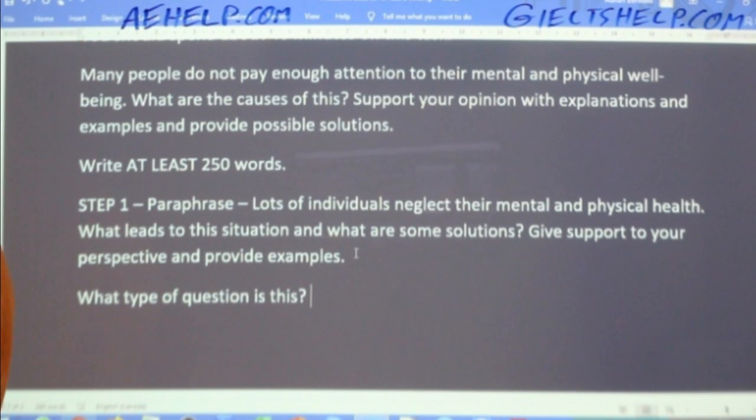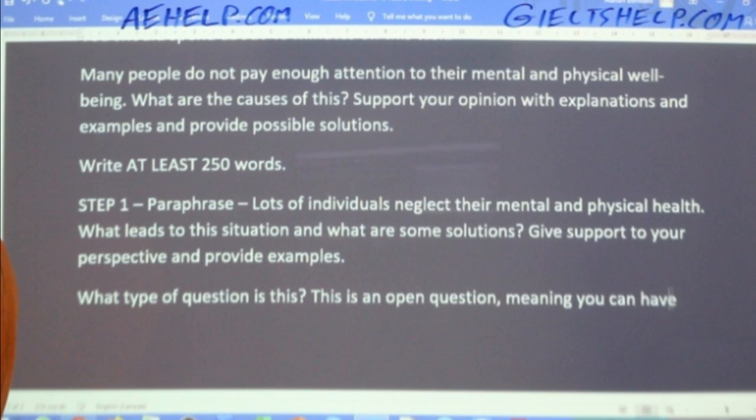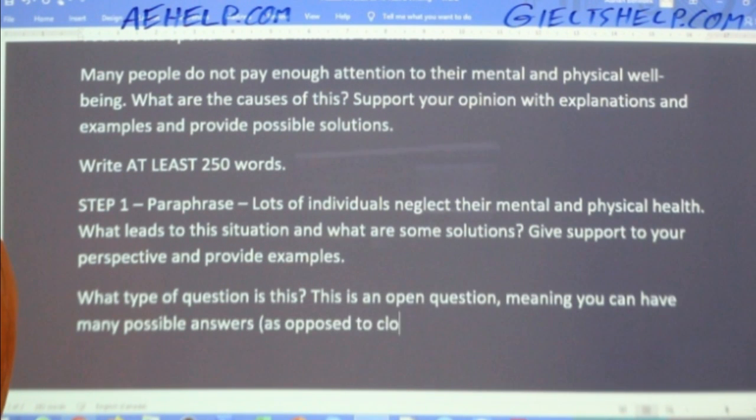This type of question is called, let's see if some of you come up with the same answer. So this is an open-ended question, meaning you can have many possible answers, okay, as opposed to closed questions like, do you agree or disagree?